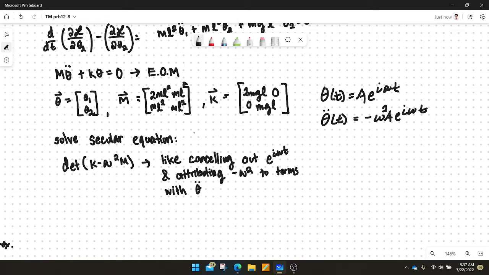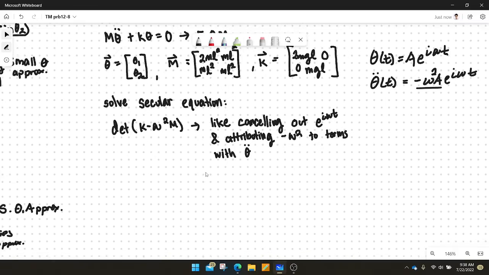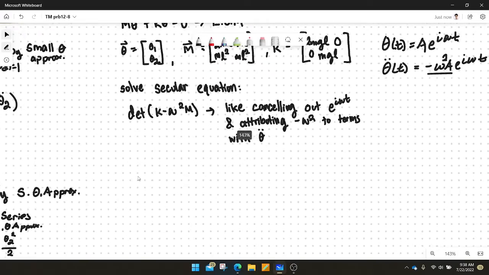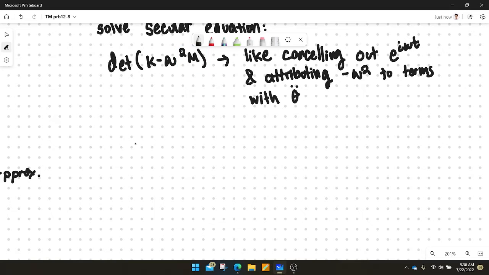Since this part is differentiated twice, we have a coefficient of this. The negative omega squared of a is not really necessary, but our negative omega squared is going to be attributed to this matrix, because this was differentiated twice. Actually solving that now, maybe I'll just speed this up in post.